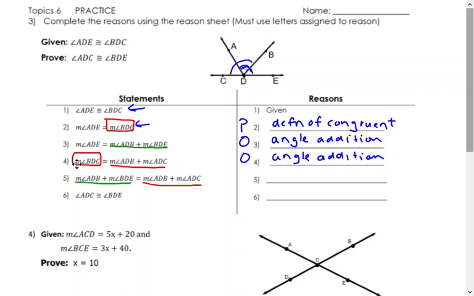Okay, and the part that we've highlighted in green is coming from ADB plus BDE, which is ADE. You notice that that's the other part of statement 2. So if we go ahead and take statement 2 and substitute into it what we have for 3 and 4, we will end up with statement 5.